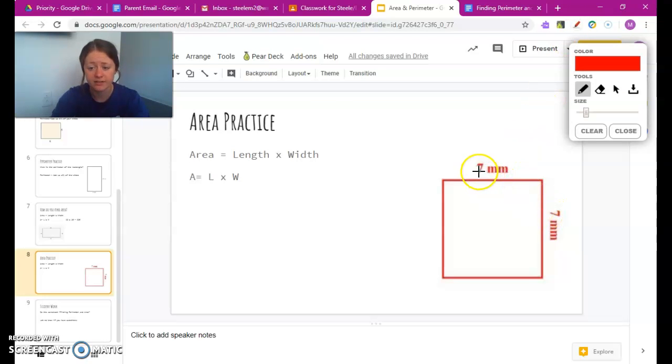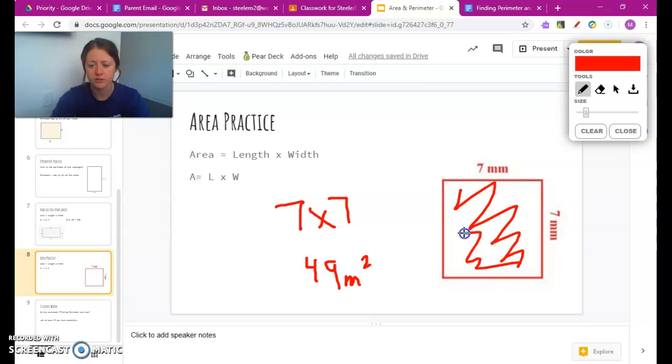Well, 7 times 7 equals what? That's what you would think to yourself. 7 times 7 equals 49, and then it's millimeters squared. The reason it's squared this time is because we're finding how many squares it would take to cover this whole area.